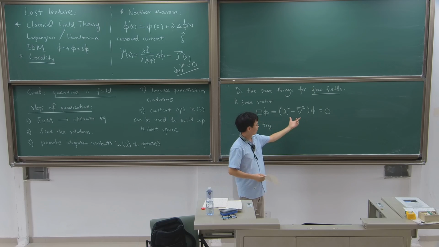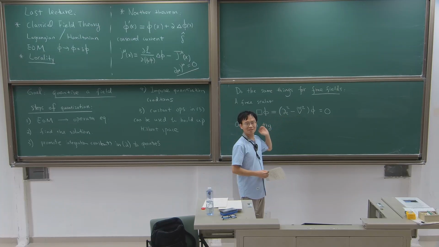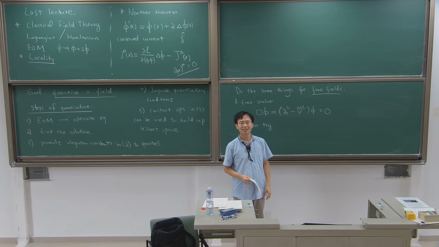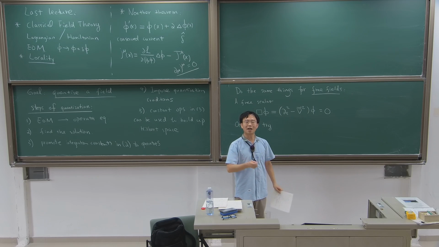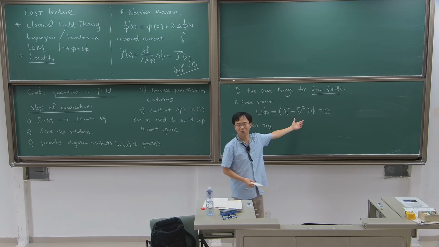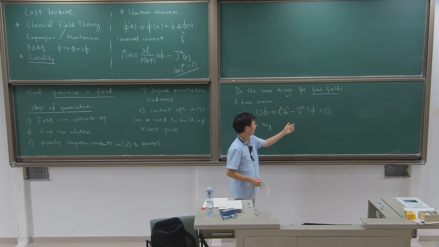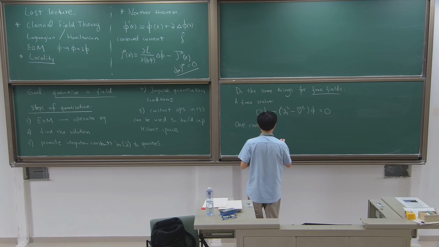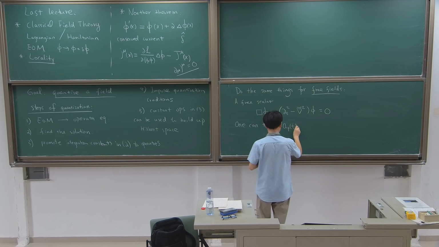We know this equation of motion satisfies space translation invariance, right? If you move along x, y, or z, the equation of motion does not change. So one can try some solution that looks like this.